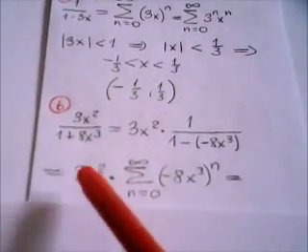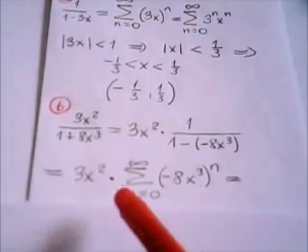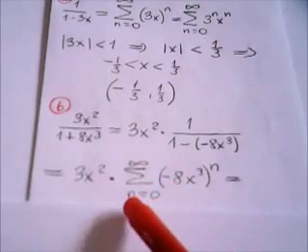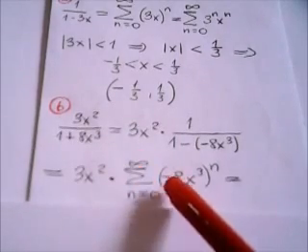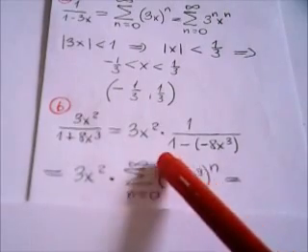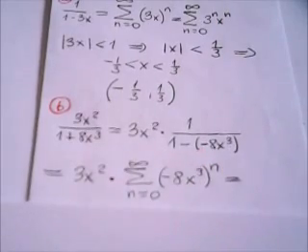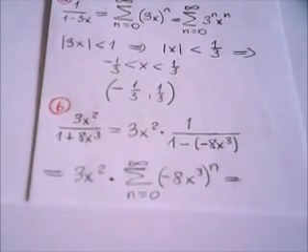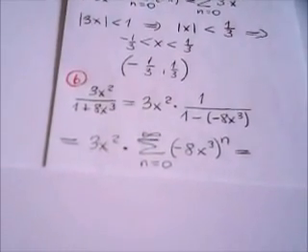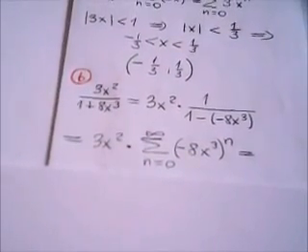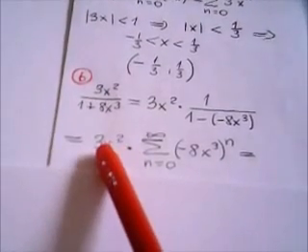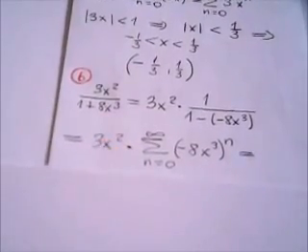Three x squared I rewrite, and now the summation from n equals 0 to infinity, bracket minus 8x cubed bracket to the power n. We can see 3x squared doesn't depend on n.